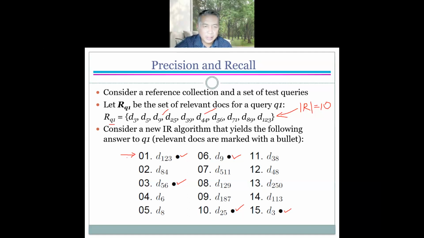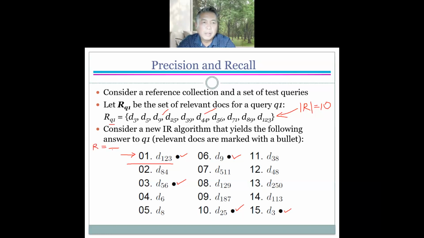At this position, given to you is only one document. So what is the recall here? Recall refers to how many of the relevant documents you have retrieved.